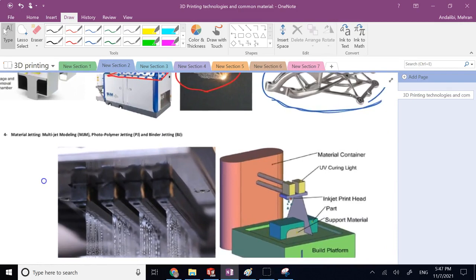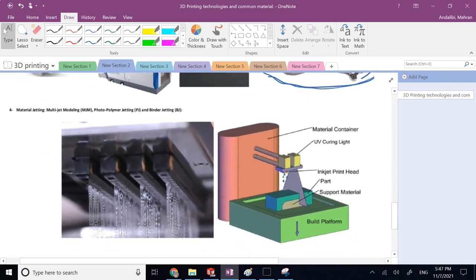The last category that I want to mention is called material jetting, okay, which most of the time is dealing with a resin, or if they are non-resin powders, then you have a liquid that is called the binder.